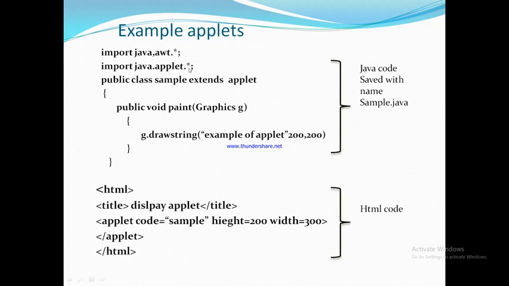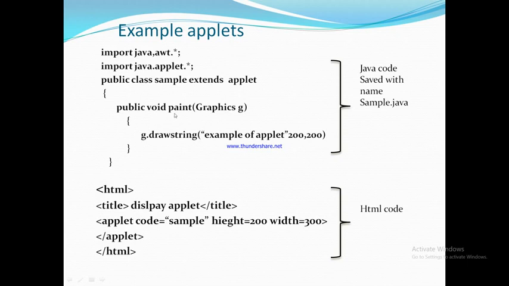Next comes the applet: public class sample extends Applet. This is the name of our class, and it extends from the Applet class. Here we use public void paint.